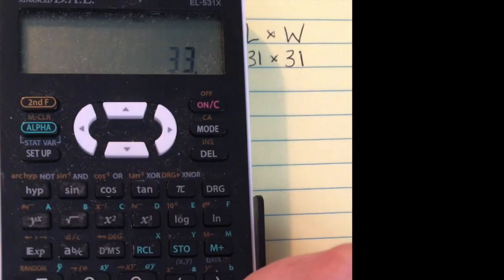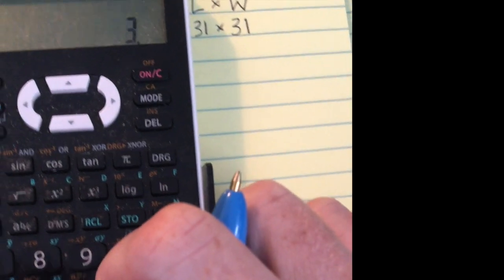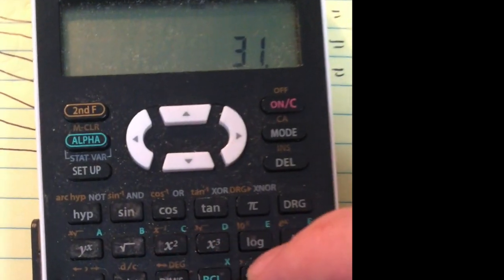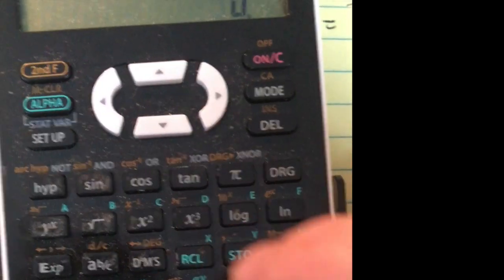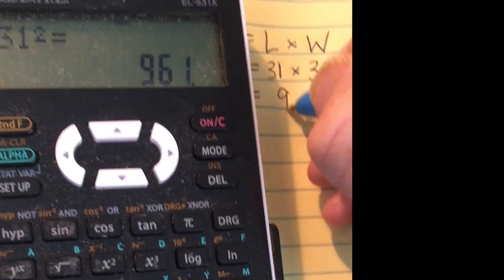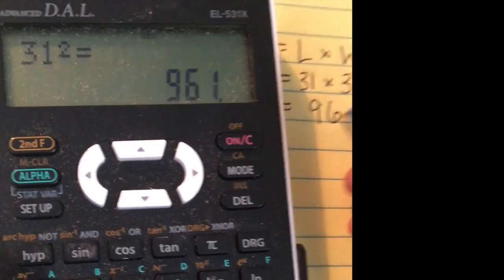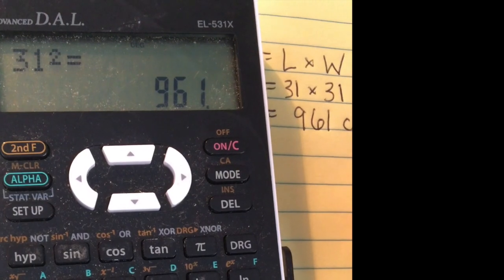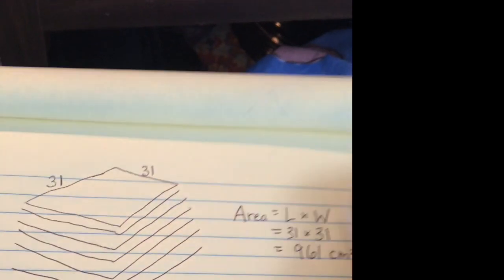So you go 31, times 31. And because it's multiplied by itself, we have this little square button. So convenient, so dusty. Alright, and so surface area of one record is 961 centimeters squared.